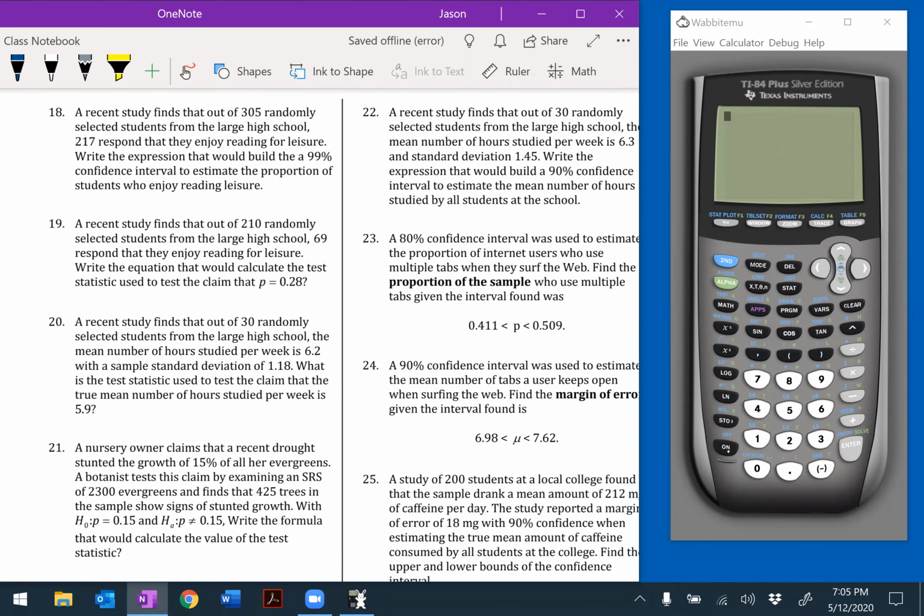A recent study finds that of 305 randomly selected students from a large high school, 217 responded that they enjoy reading. Write the expression that would build a 99% confidence interval.